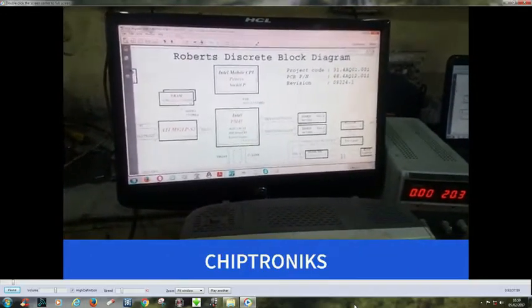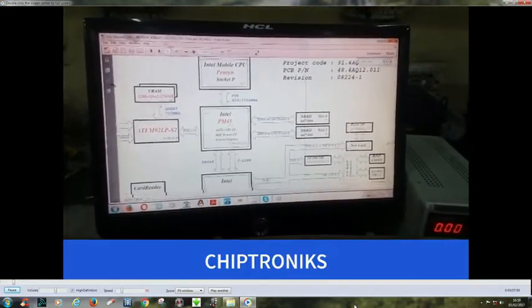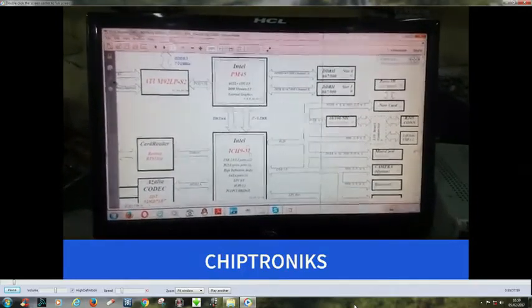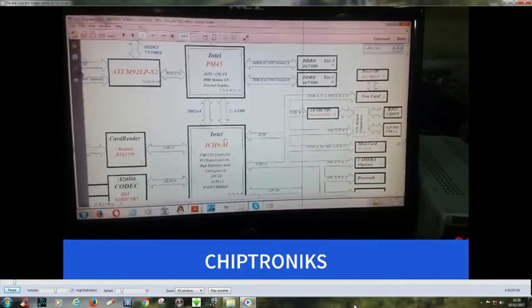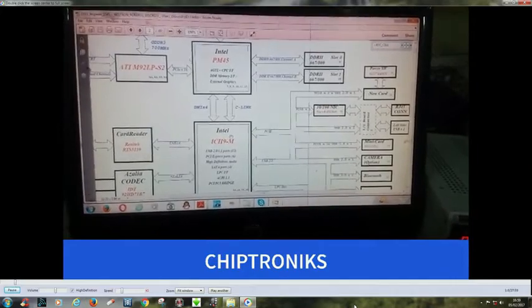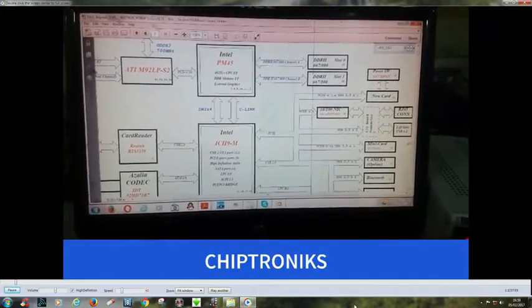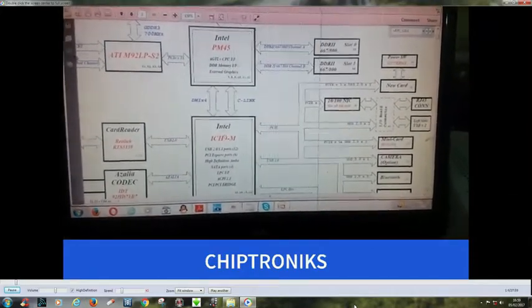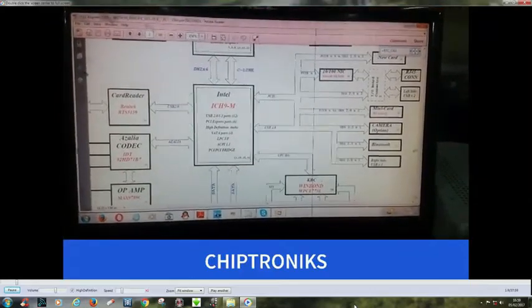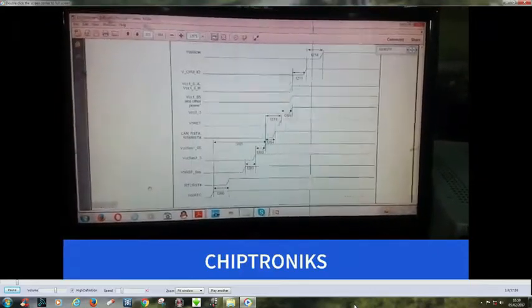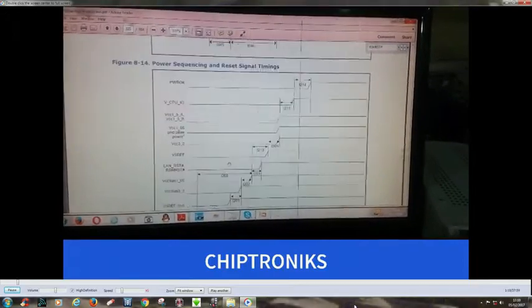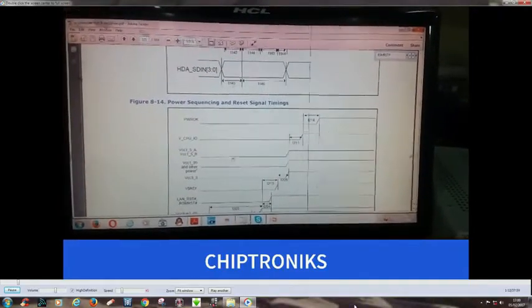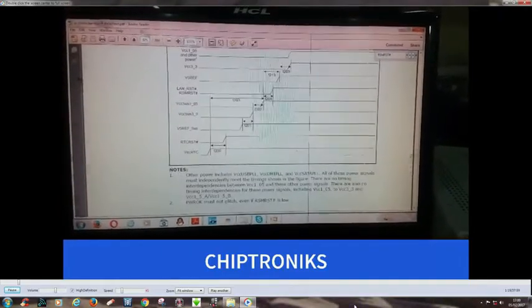In the schematic diagram you can see the ICH is ICH9, and as I have already discussed in previous class, that power sequence is controlled by this chipset. So we'll open up the data sheet of ICH9, and you can see here is the data sheet of ICH9, and the complete power sequence timing diagram is explained over here.